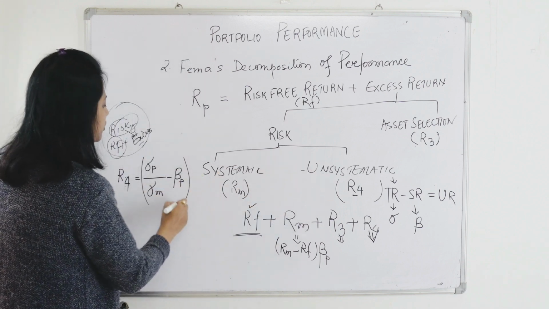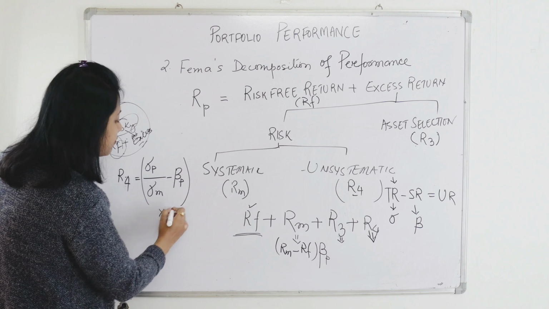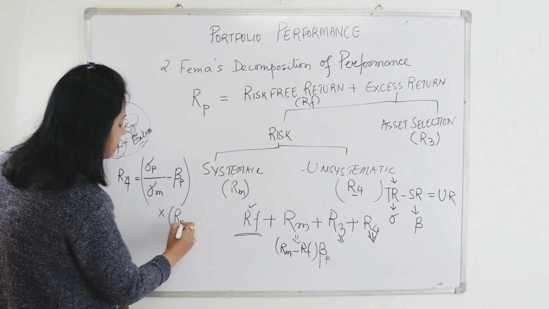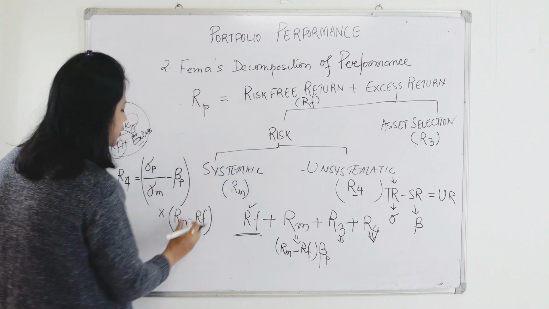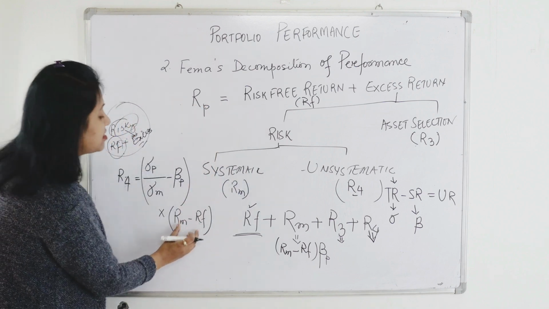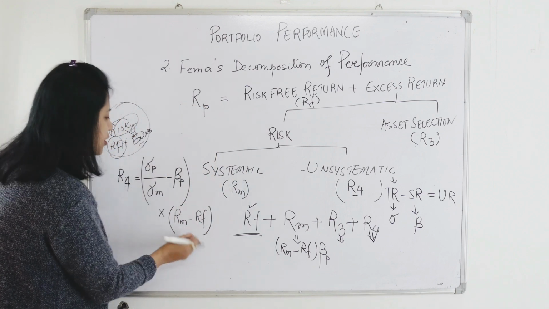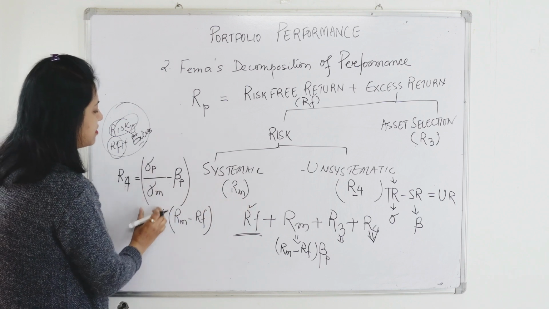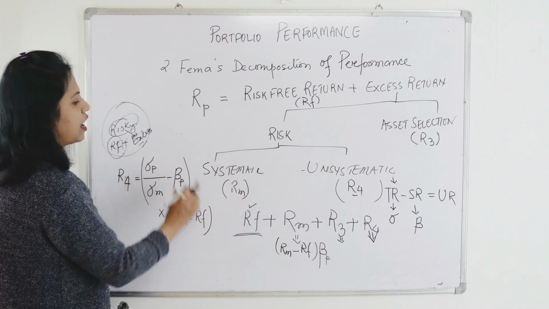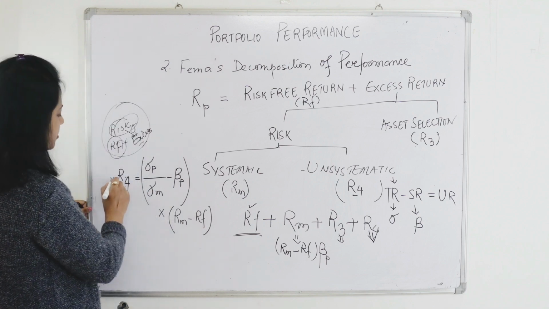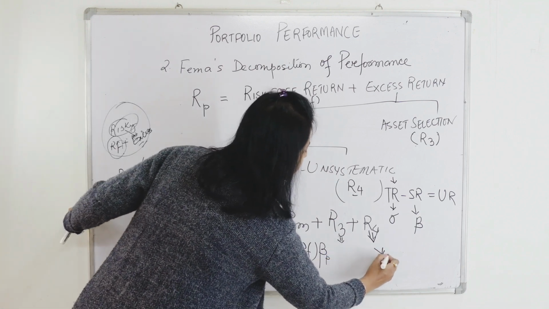So I got the risk component, but I have to multiply with the margin RM minus RF. This is because we are talking about returns. Returns is this much, but out of this, how much is because of unsystematic risk? You subtract the systematic, and you find out your R4. So friends, R4 is this.